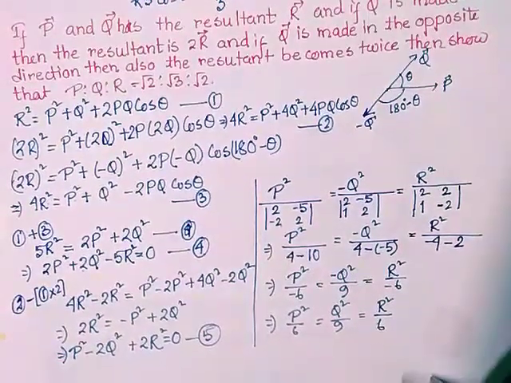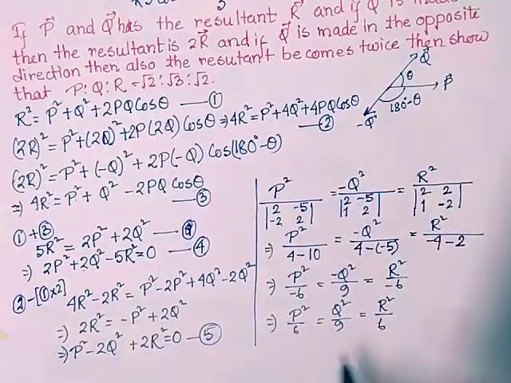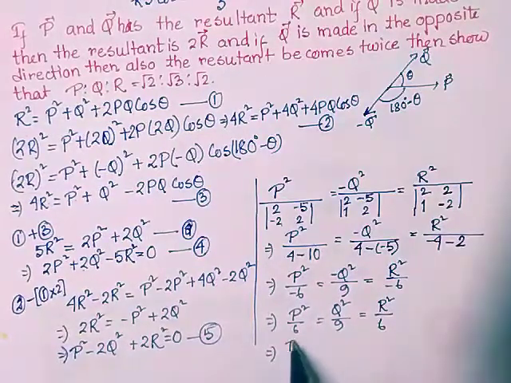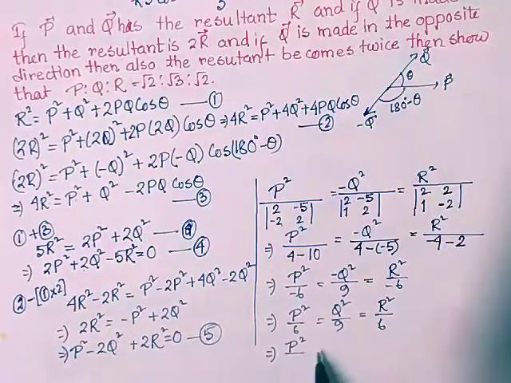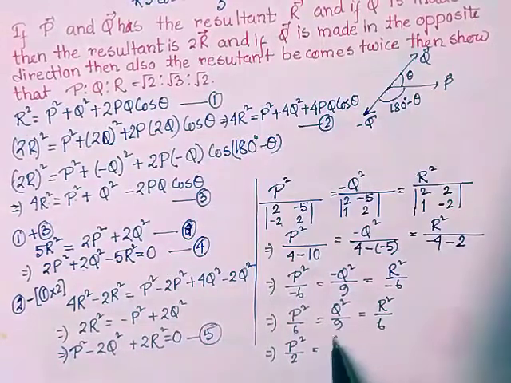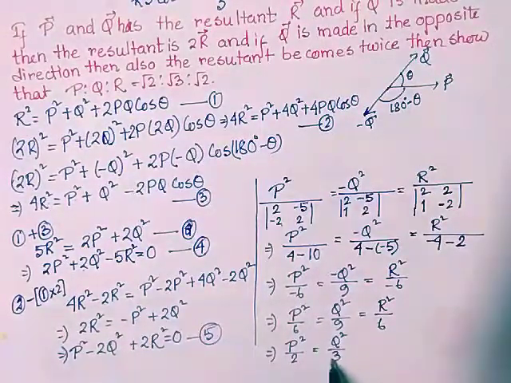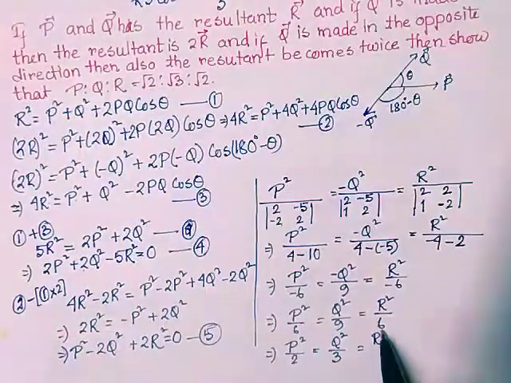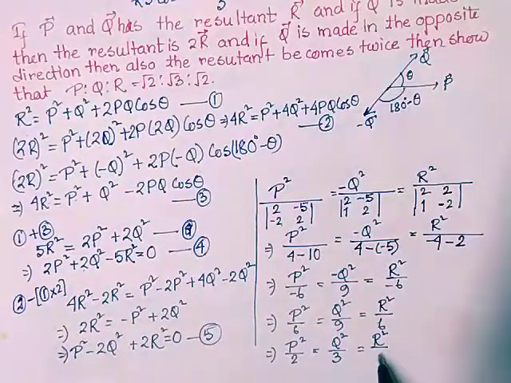So if we divide this by 3, then it will become p square by 2, q square by 3, r square by 2.